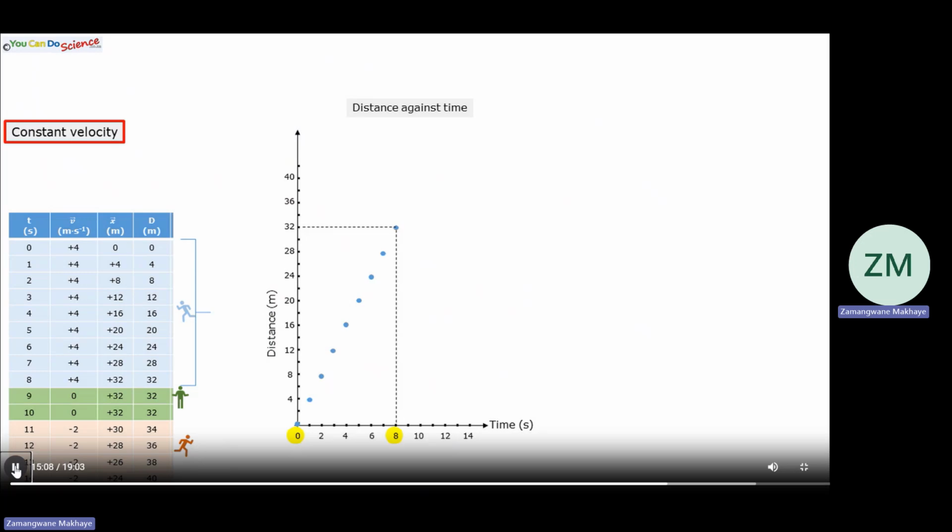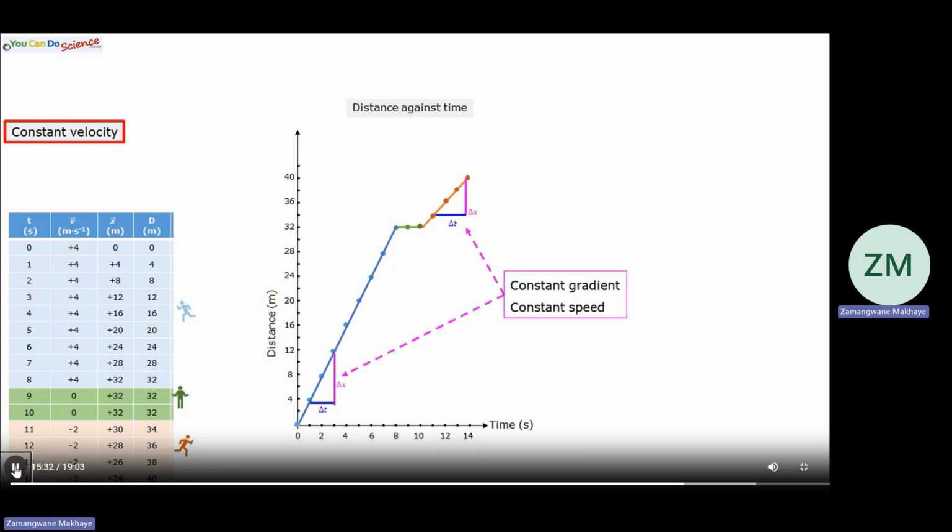The first movement takes 8 seconds, and the points can be plotted. Now plot the points when Carl stands still and no distance is covered. For the next 4 seconds, Carl moves again, and the distance covered increases. Draw the graph. The constant gradient indicates a constant speed.